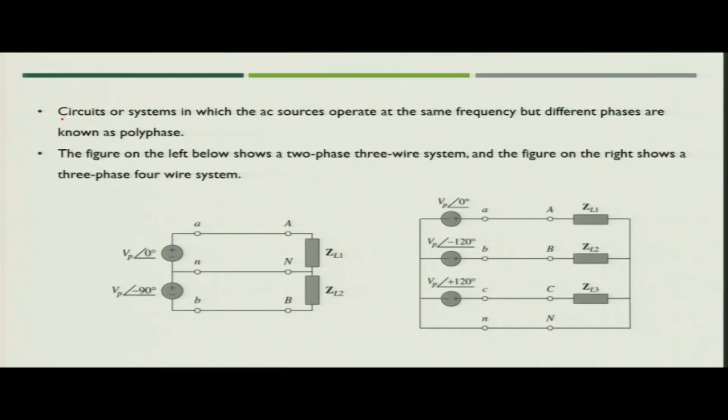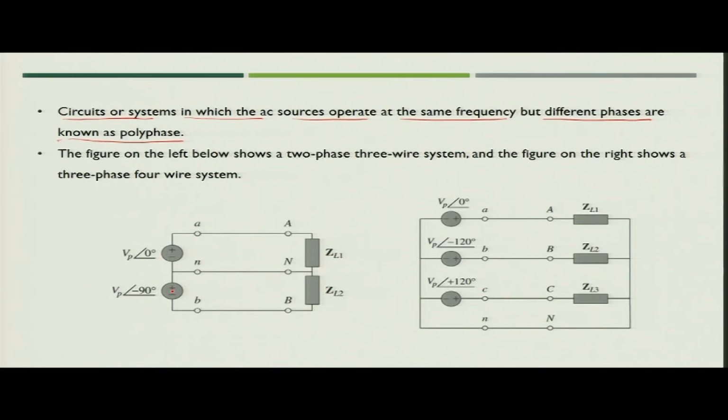Now, there are circuits or systems in which AC sources operate at the same frequency, but there may be different phases. We call them polyphase circuits. In the figure below, on the left there are two voltage sources connected to the load with the help of 3 transmission lines, and loads ZL1 and ZL2 are connected.